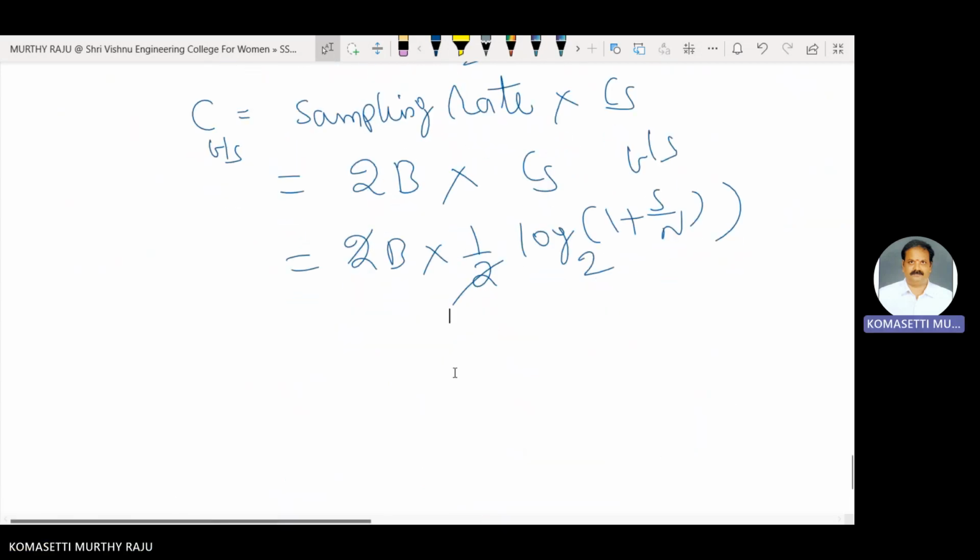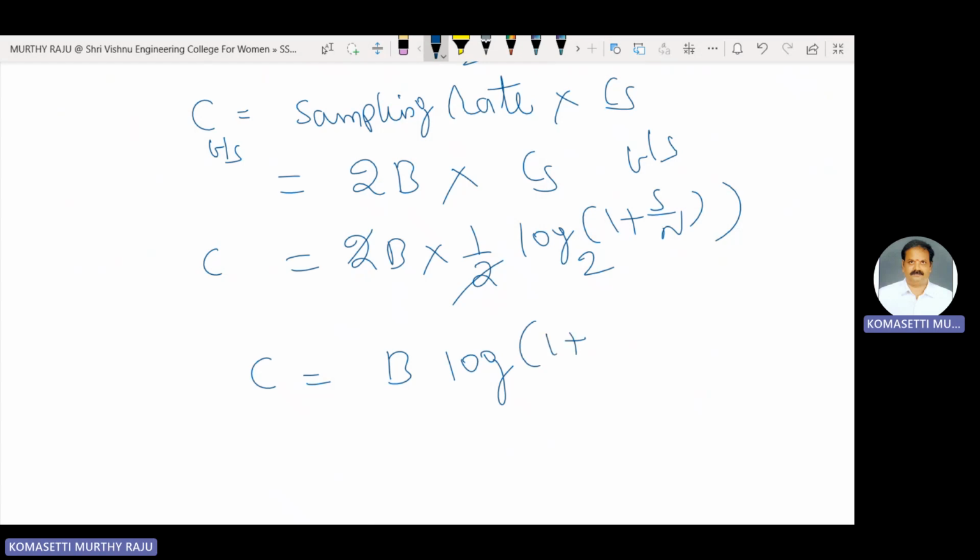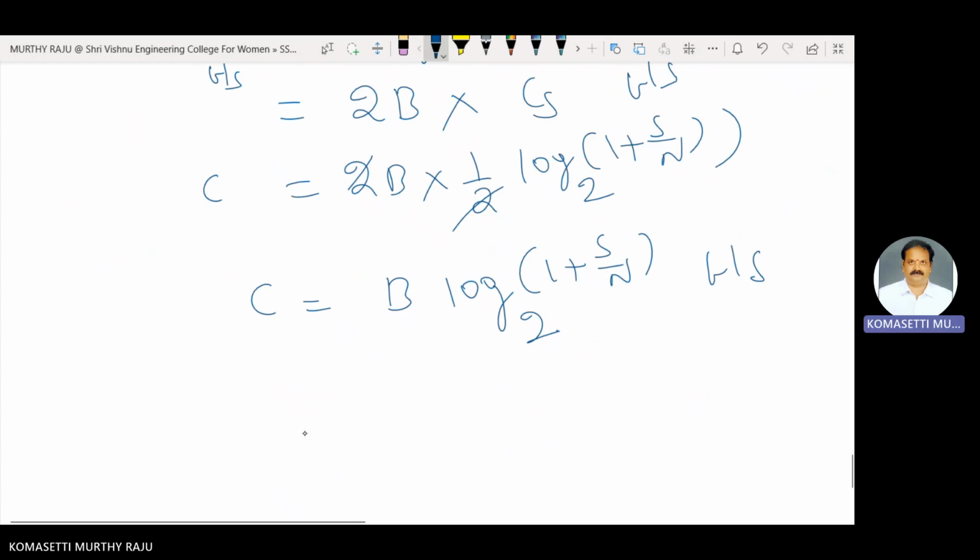Therefore, capacity of the analog channel, finally C is equal to B into log 1 plus S by N to the base 2 bits per second, where B is called the channel bandwidth, S is the signal power, N is the noise power. This is the derivation related to channel capacity of the additive white Gaussian noise channel.